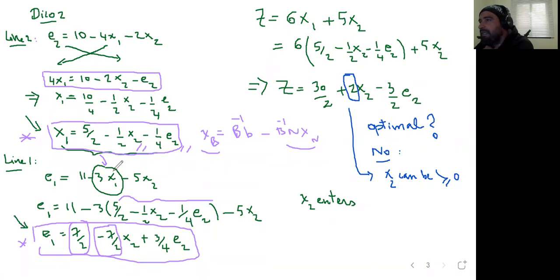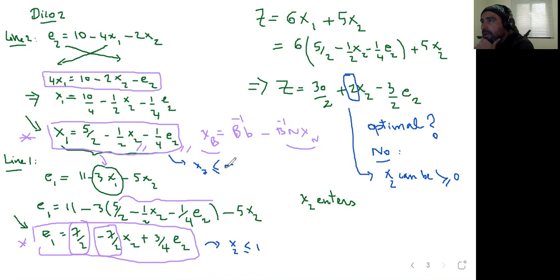So what do these conditions suggest? What is the maximum bound for x2 from the first line? The first line is here, the one that is below. So maybe 1. Yes, x2 cannot exceed 1, right? Because you have 7 over 2 and over 7 over 2. What about the second one? x2 cannot exceed 5.